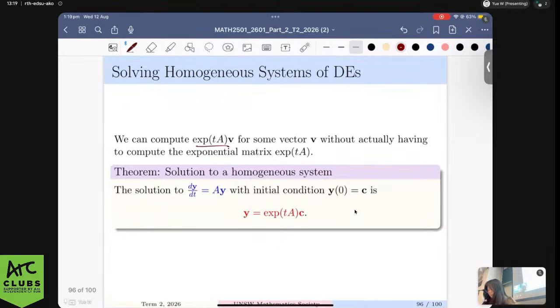Using that same concept, we can find the solution to differential equations. We say that the solution to dy/dt equals Ay with the initial condition y(0) equals c is given by this here.